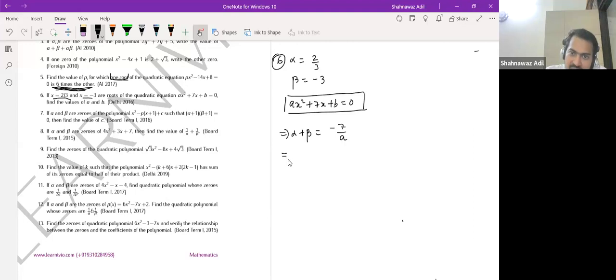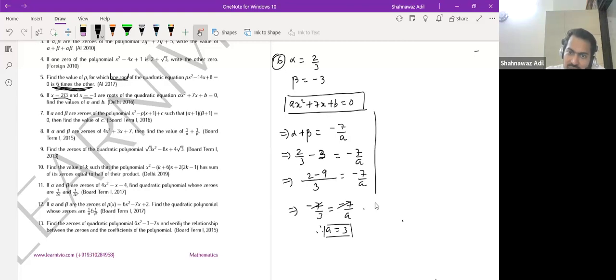So we have 2 by 3 and minus 3, which gives 2 minus 9 over 3, so minus 7 by 3, and this is minus 7 by a. So a cancels with 3, and we directly get a equals 3.